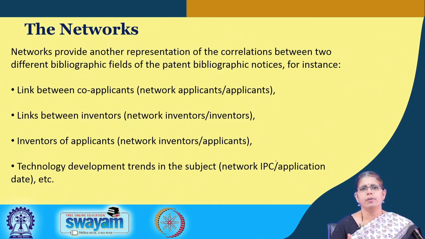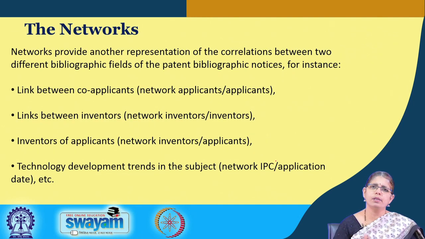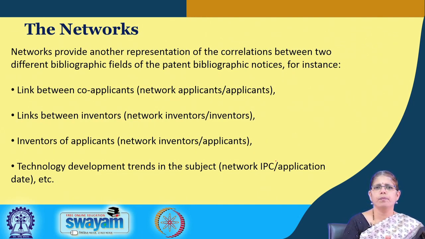Today, patent landscapes can provide network information because of the visualization tools that are available. A lot of information can be obtained in relation to who are the co-applicants, link between inventors and applicants, subject area based information spread.